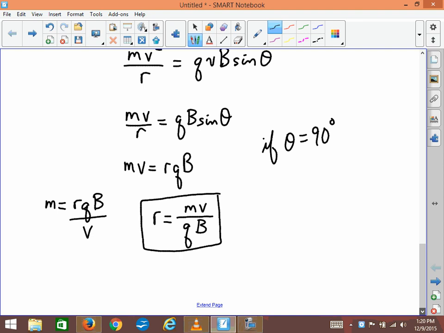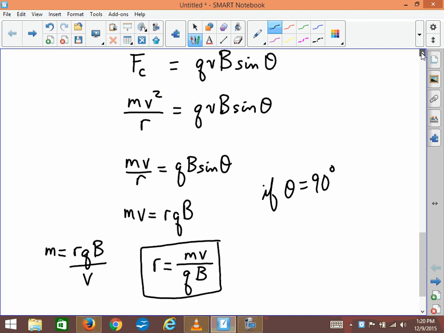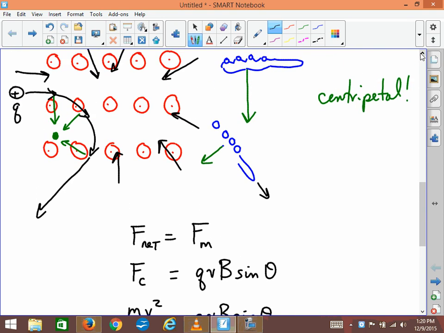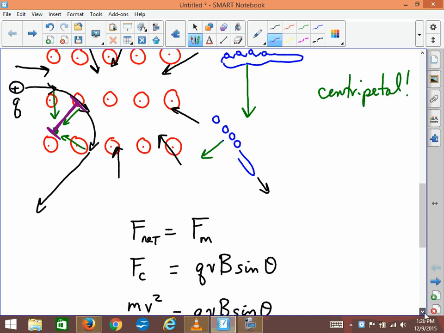But what's interesting about it is by looking at the path of the particle, we can tell lots of cool things. So for instance, here's the radius of the curve, right? So if I was looking at this particle, and I could take my ruler and measure how far that was, I would know the value of r.